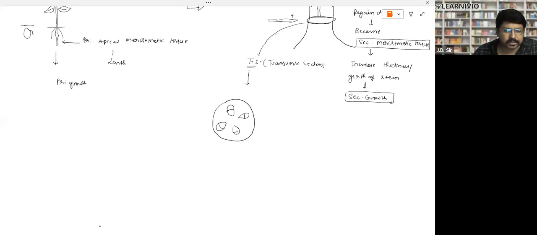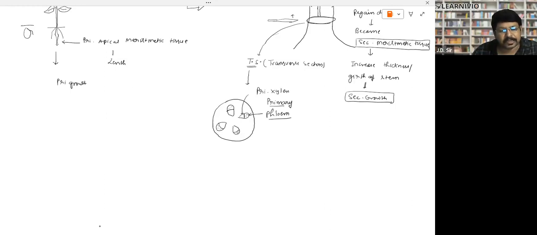This outside shaded part is primary phloem, because this phloem is present since birth. The tissues present since birth we call primary. And the inner tissues are called primary xylem.